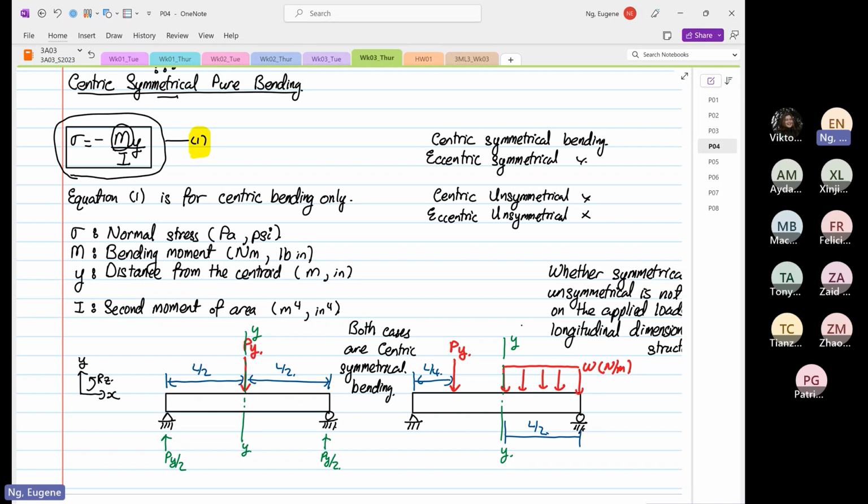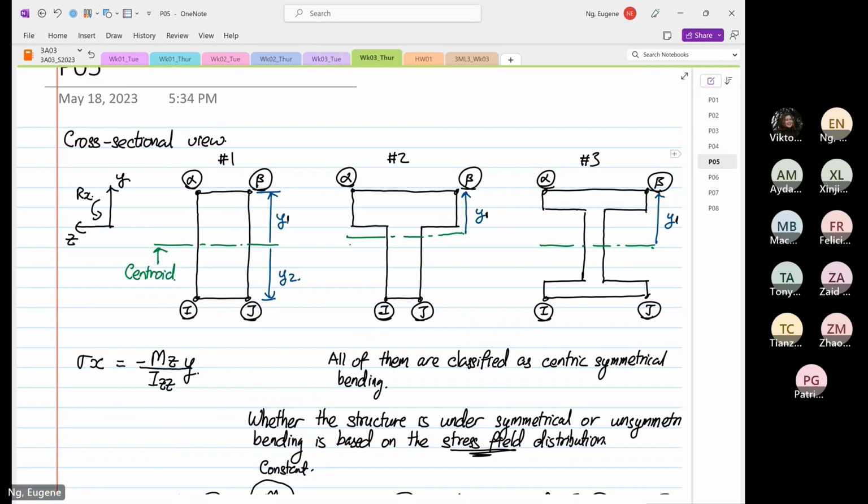What I'm trying to teach you is, if you forget about the sign, it is okay. But before I go there, I'm going to explain equation number 1 and how it should be used. If you remember the full form of the formula, stress is equal to minus My over I.